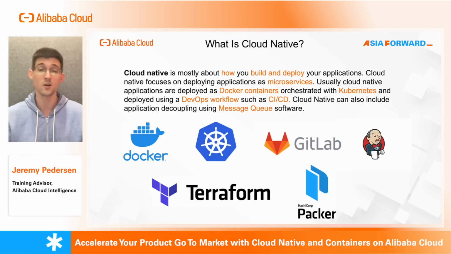You'll hear these terms and interact with these tools if you're doing any cloud native work, but they aren't the same thing as cloud native. They are simply a means to achieve an end. We'll talk about some tools and techniques for building cloud native applications on Alibaba Cloud later.